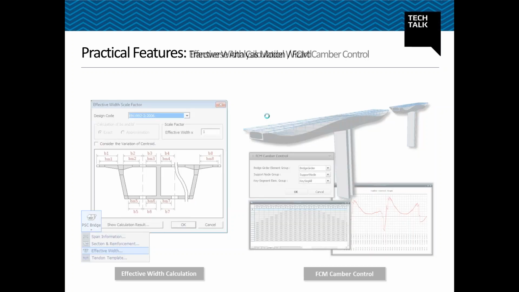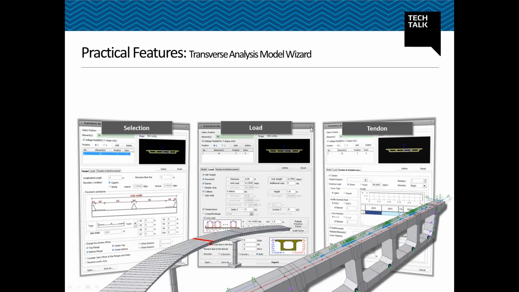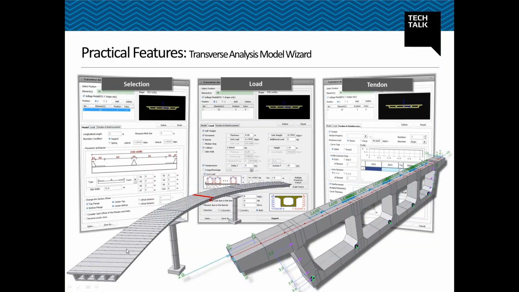And also you can obtain a transverse analysis model from the global analysis model. For instance, if you have a global analysis model, you can select specific sections and bring them onto a transverse analysis model.